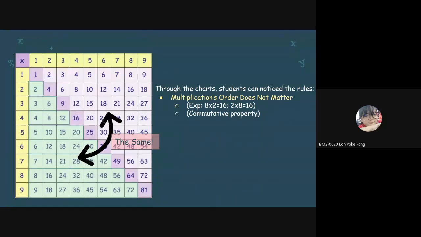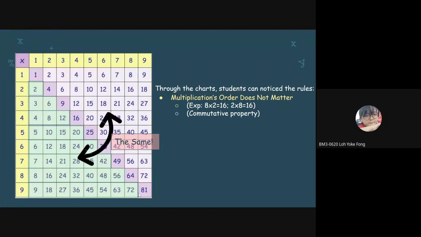And because we can study through this basic multiplication chart, we can also study the patterns. Through the chart, students can notice some rules, such as multiplication order. The multiplication order does not matter. This also shows the commutative property.